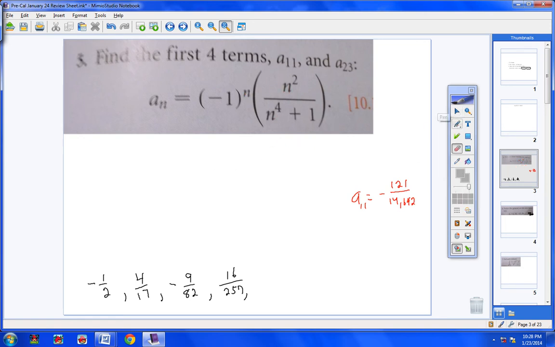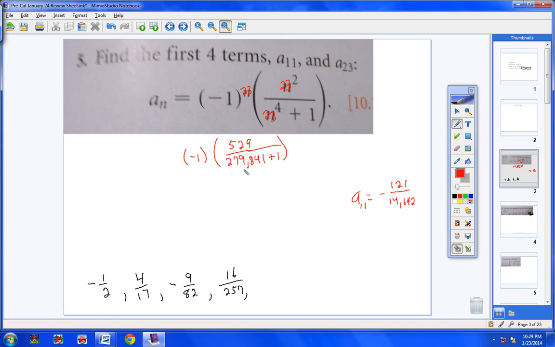Now let's find the 23rd term. So everywhere there's an n, I'm going to substitute 23. Negative 1 to the 23rd power would be negative 1. 23 squared is 529. And 23 to the 4th power would be 279,841. And then plus 1.